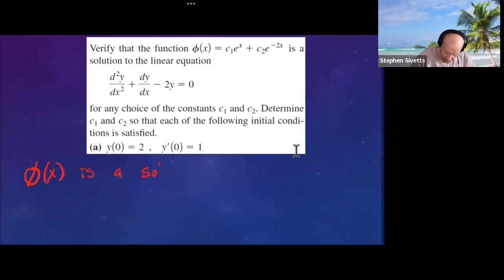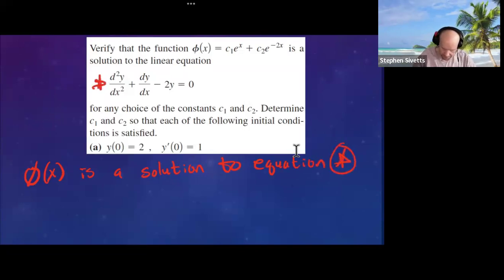All right, I assume that you completed this example, so let's go over it. You want to show that phi of x is a solution to equation star. We know that phi of x is c1 times e to the x plus c2 e to the minus 2x.